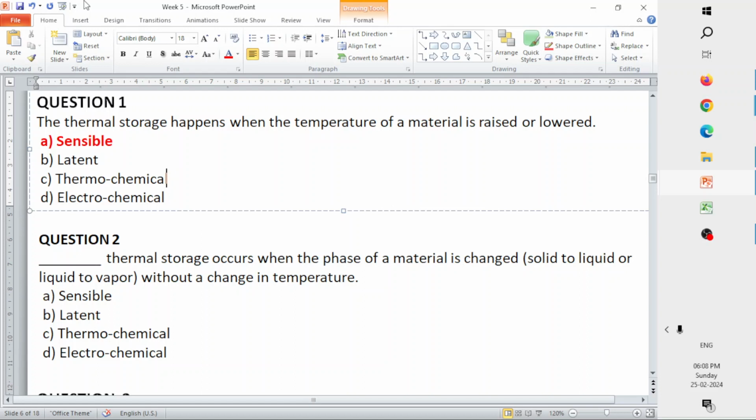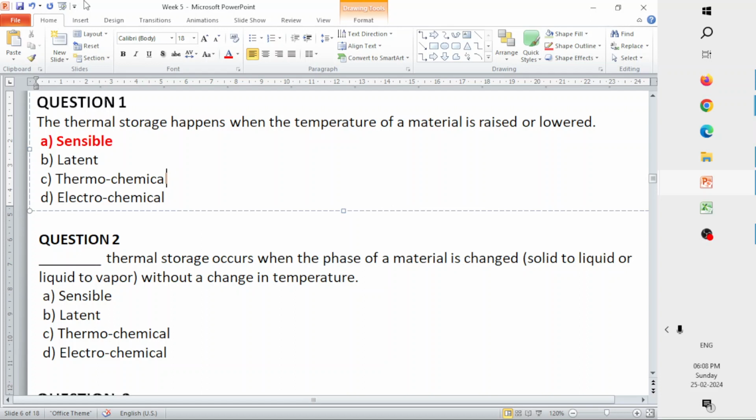If you take the same example of water, water at 100 degrees Celsius, when it absorbs the latent heat of vaporization, it becomes a vapor. So here there is a change in the phase but without a change in the temperature. The water is moving from its liquid state to the vapor state through that latent heat of vaporization.